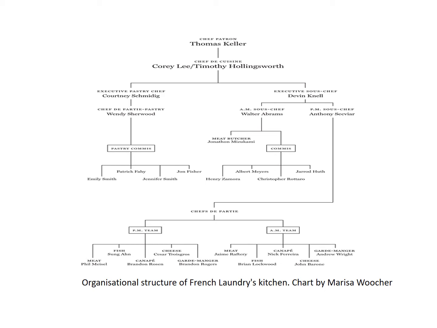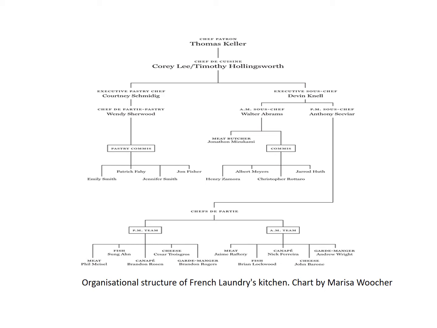You've got the executive pastry chef, and also the executive sous chef, and the executive sous chef is Kevin Knell, and then underneath these two people you have the chef de partie, pastry, and so on and so forth. So you have all these different lines of people who may report, and then under those people you may have other people working for them to actually complete.